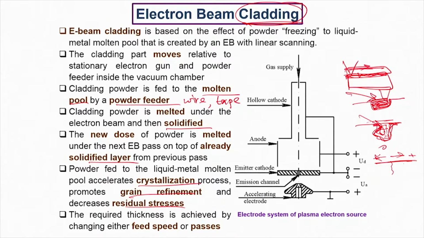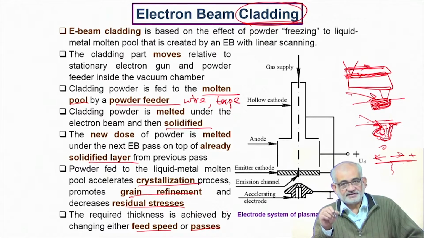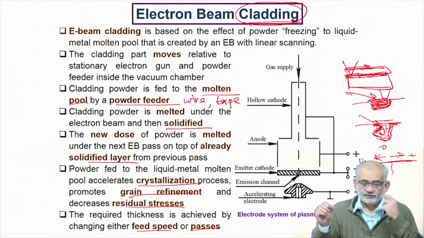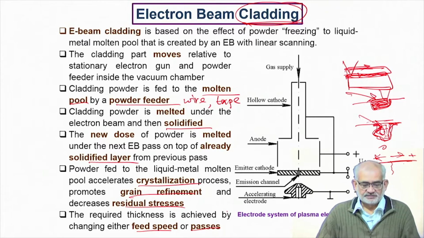So, the thickness that you require will depend upon, of course, the parameters, the current and the energy or the potential difference, also the relative position of the electron beam focus, but also the feed rate or the speed at which you feed material into the melt pool will determine the relative thickness of the clad or the refurbished layer.